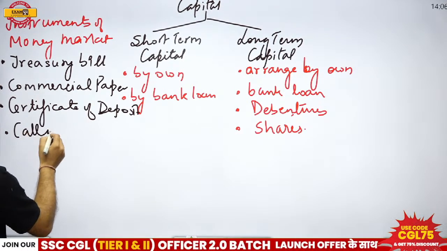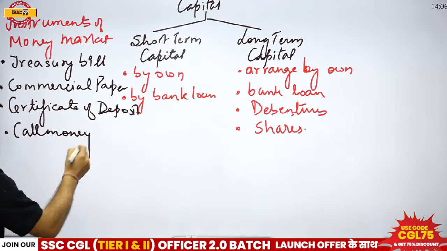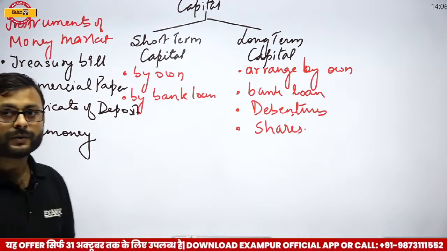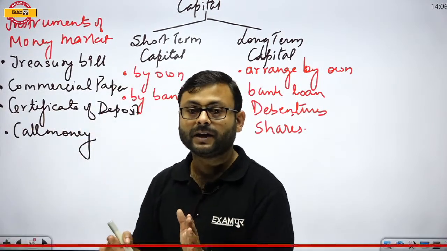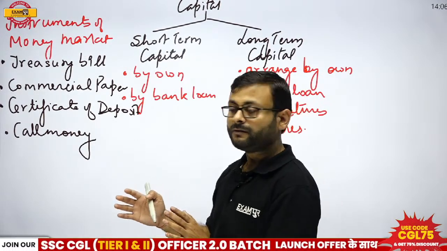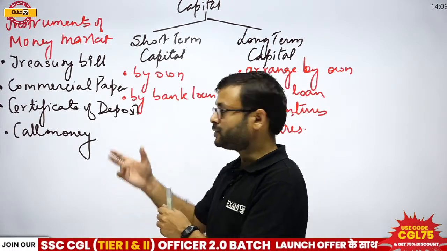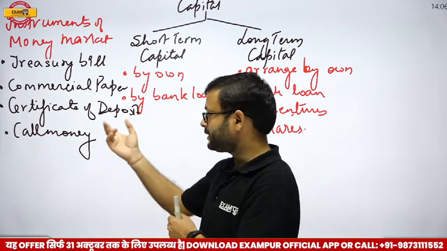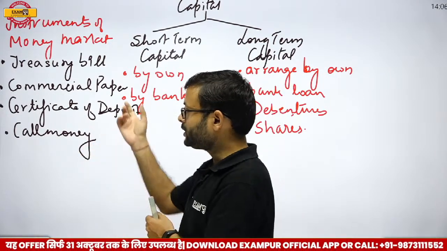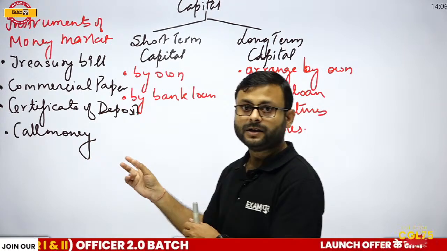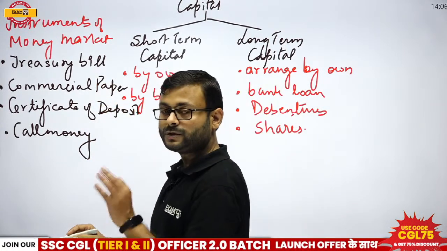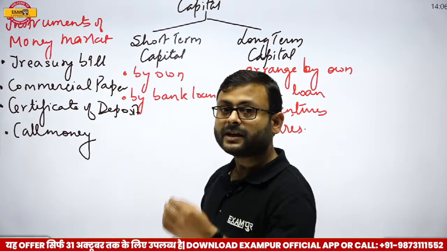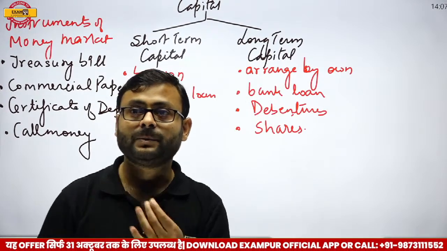These all are the instruments of money market. Money market is a place, or a market, from where the short term capital requirement of a government, a bank, or a corporate house can be met. Commercial paper and certificate of deposit are both instruments of money market that can be issued to raise short term fund capital requirement.